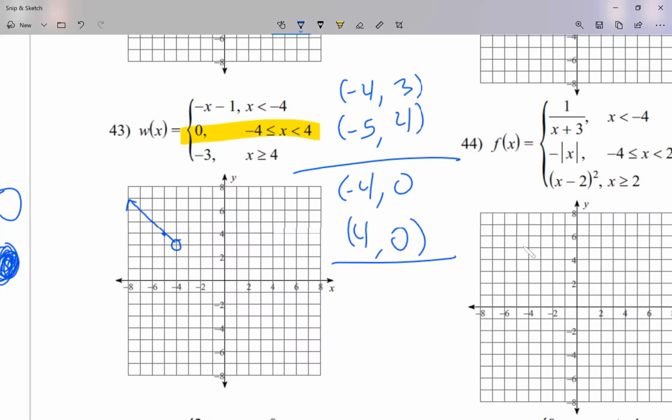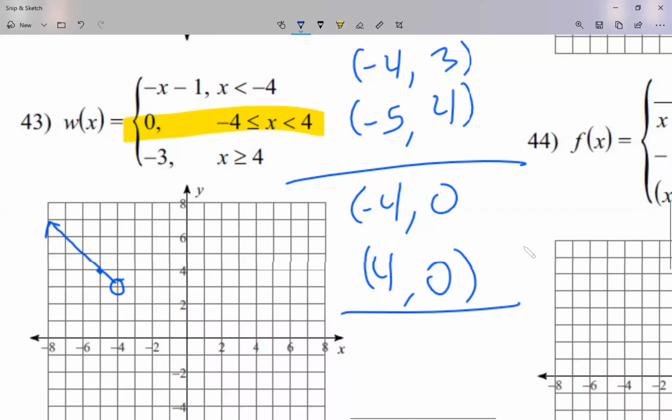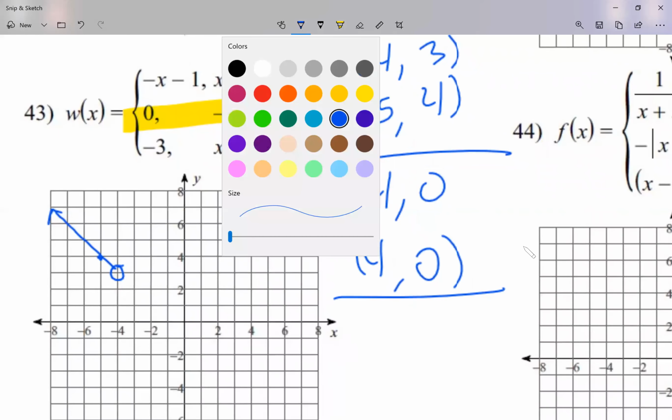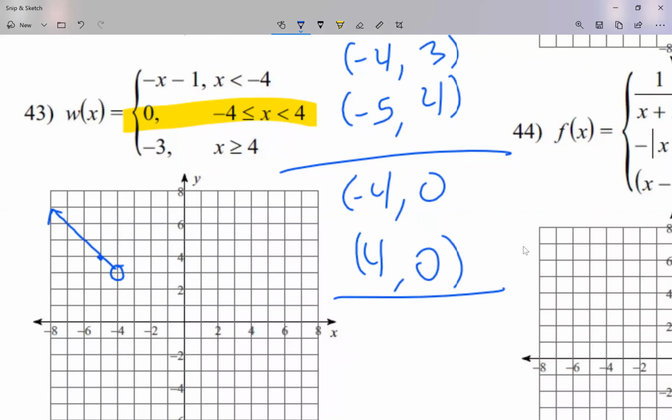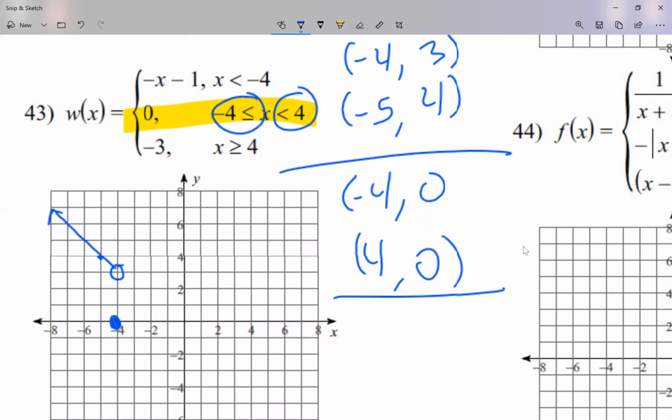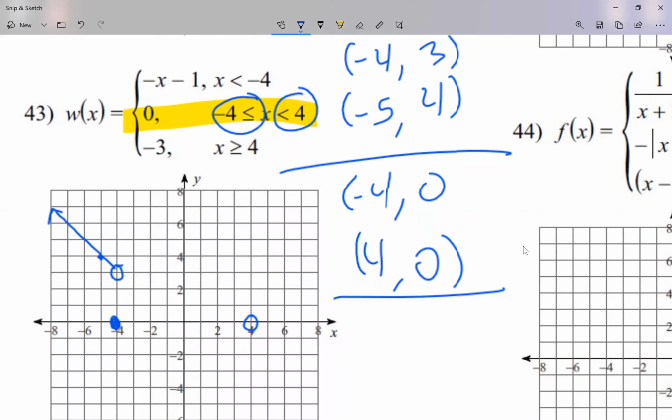Based on my inequality signs, my first one is a closed circle. So (-4, 0) is a closed circle. The second one is an open circle. Let me connect them. Yeah, I expected a horizontal line because it's y equals a number.